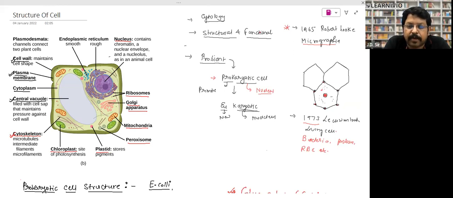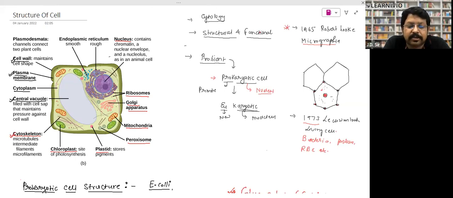So in 1665, Robert Hooke was trying to make a compound microscope. While doing so, he saw the dead cells in the cork of a bottle, right? And then further, with the help of that compound microscope, he discovered a number of dead cells, but he did not see the living cell.